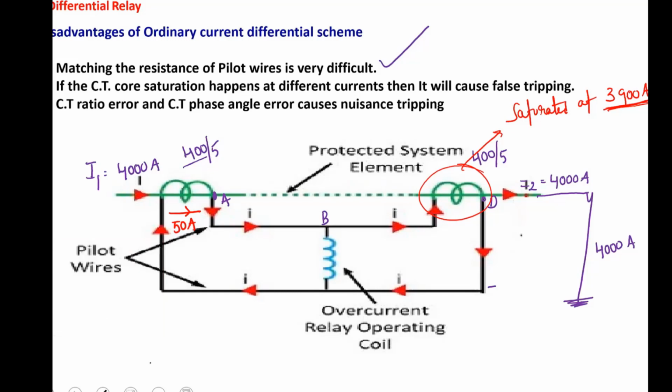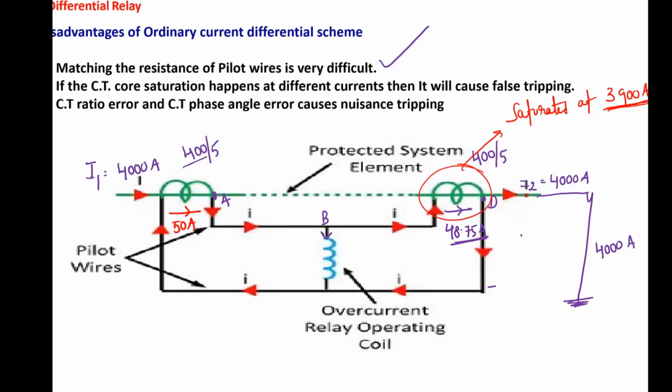What would be this value? 48.75 ampere. This current will be 48.75 ampere.